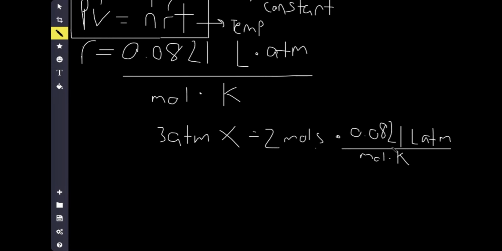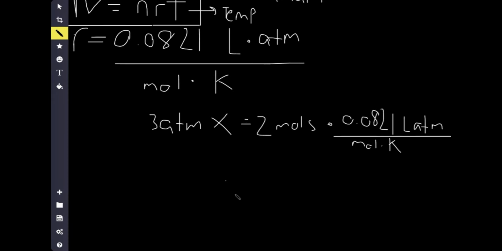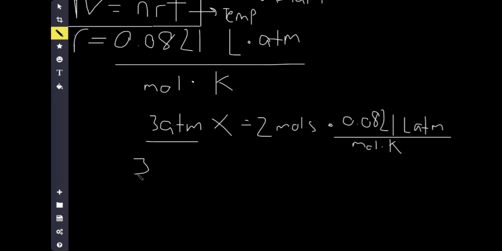So now it's just a matter of solving for X. And how do we solve for X? Well, what we're going to do is just divide both sides by 3 atms to isolate our variable. And you'll see how our units cancel out.